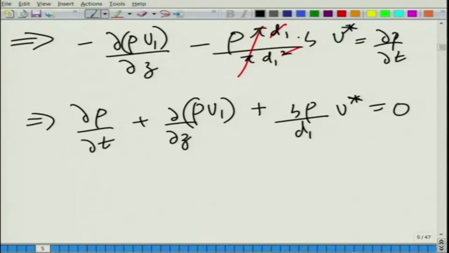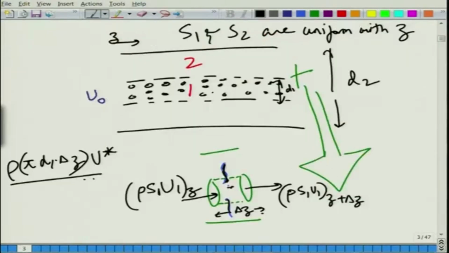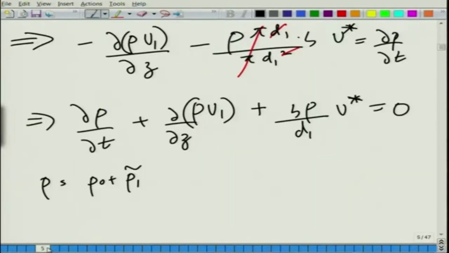We need to now linearize about rho. So, rho naught plus rho 1 tilde, let us say rho is this thing for duct 1. Remember, we are still in the duct 1 region, somewhere here, okay. And u1 is nothing but, obviously this is u1 tilde, but like I said, we will have a mean flow, so we can just say this is u naught, because we promised there will be no flow in the annular cavity, at least for the CTR configuration.